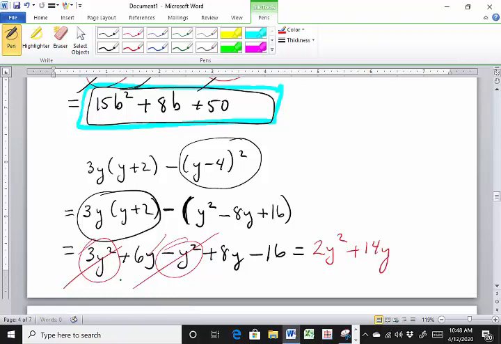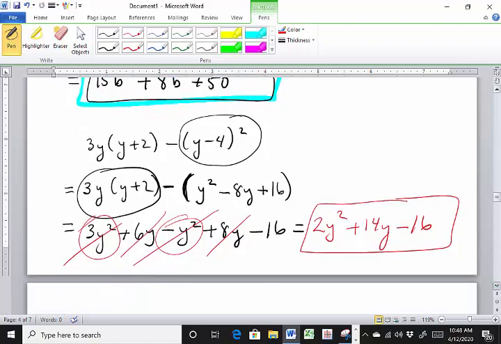So cancel those out. And then the last term is minus 16. Nothing common there, so we're done. That's our final result. Okay?